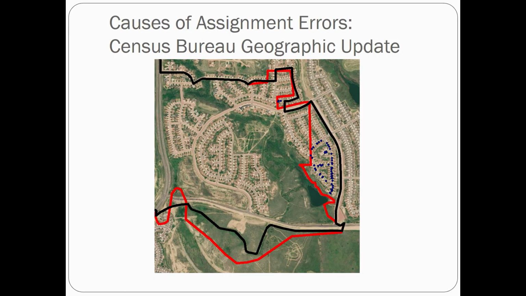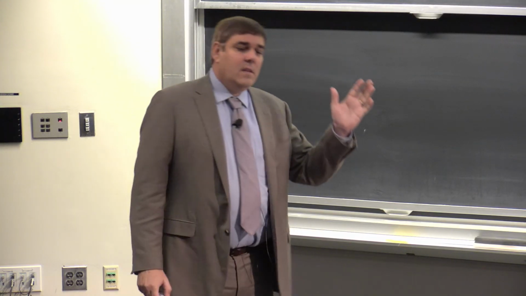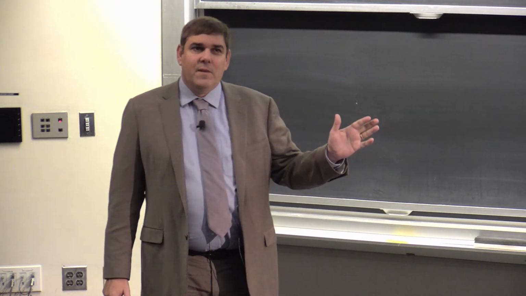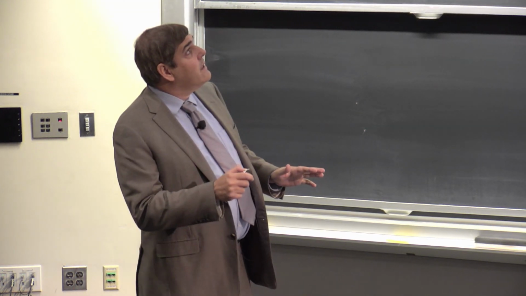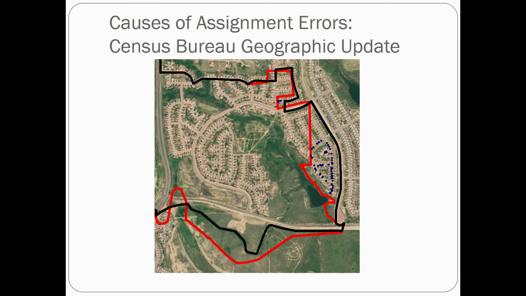So when the census geography shifted, the election officials did not update the district boundaries. And legally, these people in blue right here are misassigned to a district because they are in a census block that under law is in this district, but because the census has updated their geography, they got shifted out.